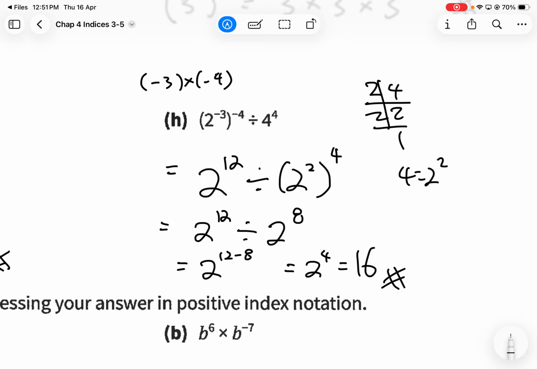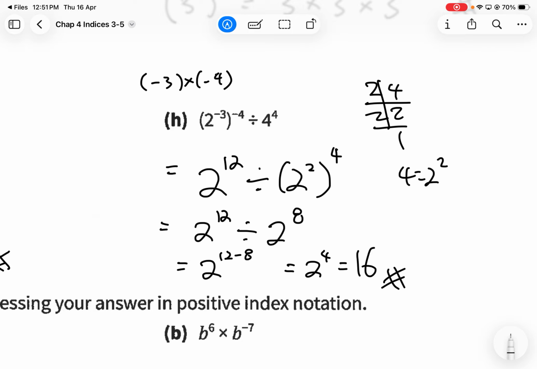If I change this time to, let's say, 3 to the power of 3 to the power of 5, end up here will be 3 to the power of 3, 5 times. So end up I will have 15 times of 3 multiplied.